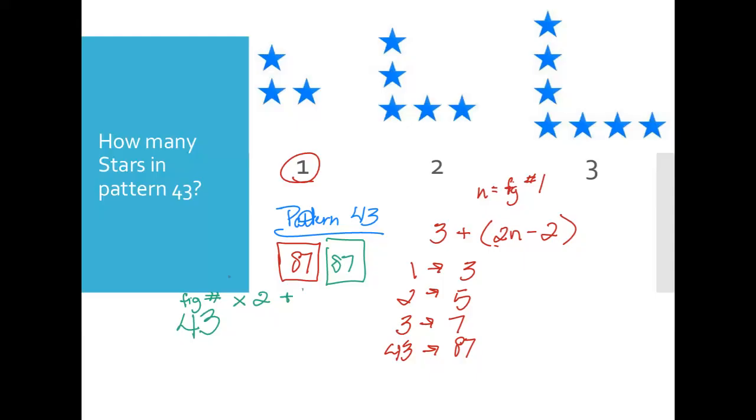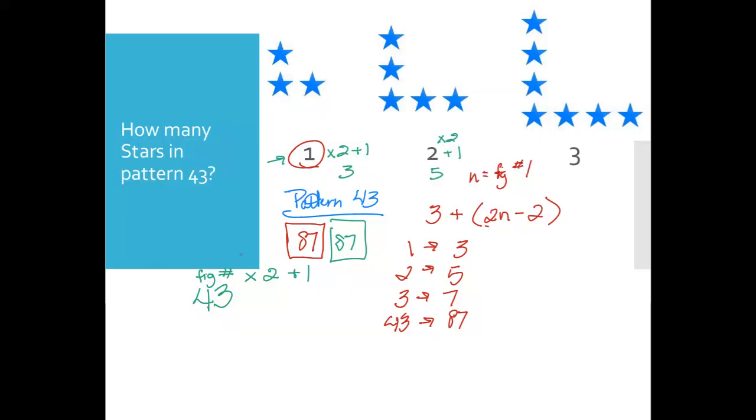Add 1. Okay. Figure number times 2, add 1. So here we have a figure number of 1. Take that times 2 and add 1, and we get 3. Figure number times 2, add 1, and we get 5. Okay. That seems to work also. So they are both right.